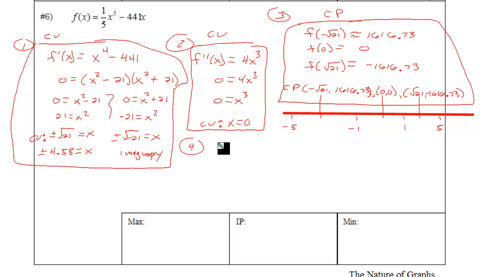So step 4, I need to look at these test points. Got these all crammed together, which is not good. Let me color code to simulate non-cramming.